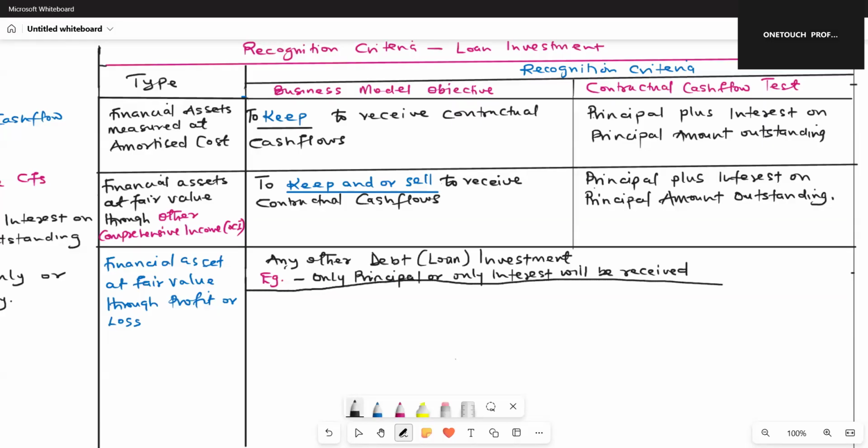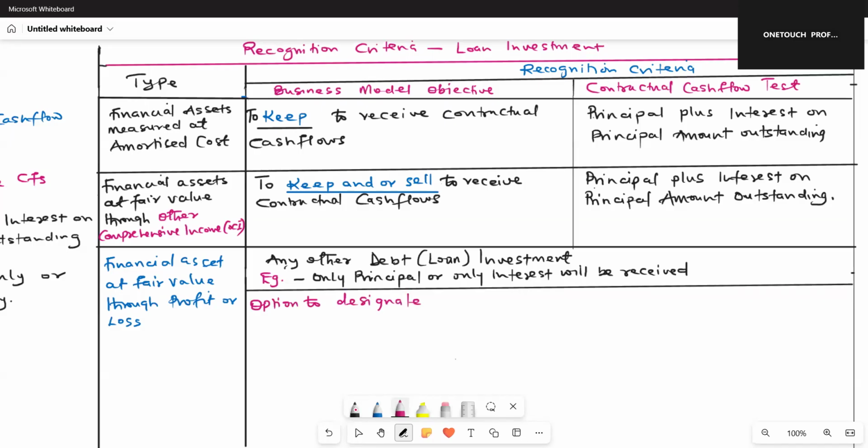But we cannot explain financial asset at fair value through profit or loss without explaining the option to designate a financial asset at fair value through profit or loss.